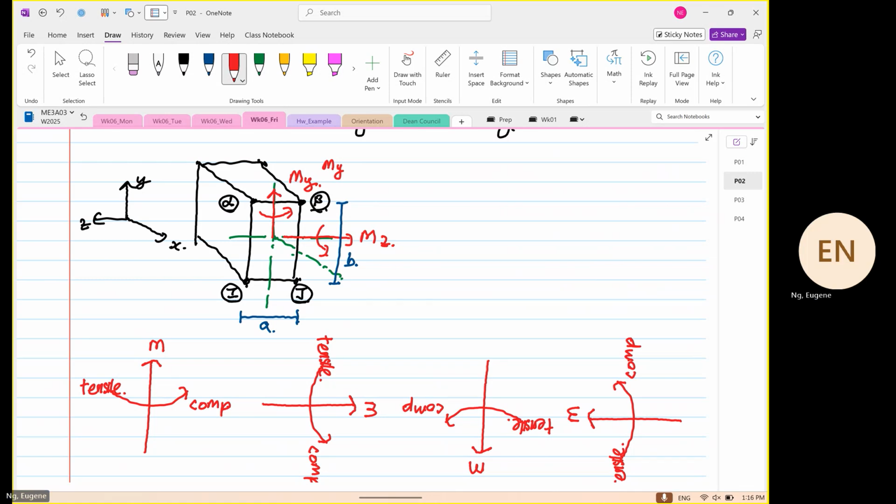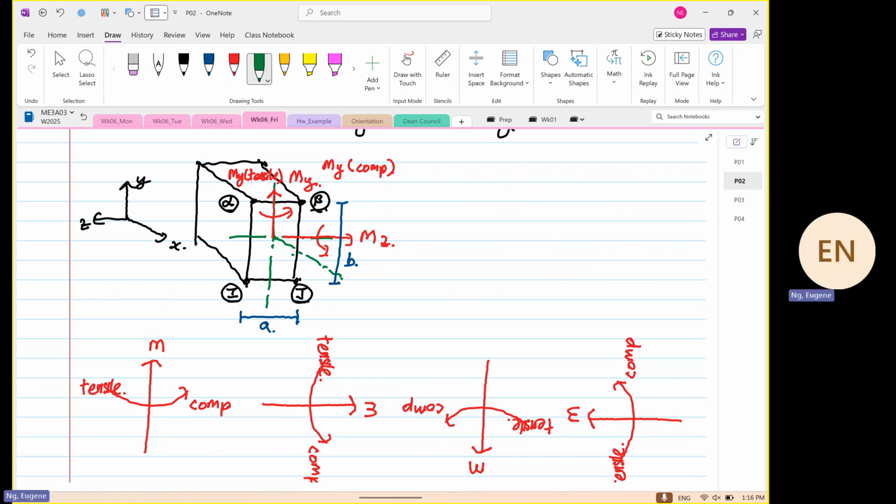Yes or no? So for MY, we know that over this side is compression, and then on the other side, MY is under what? Tensile.